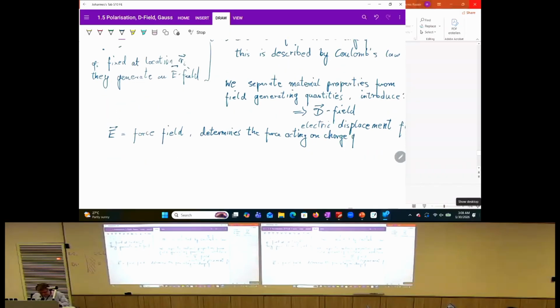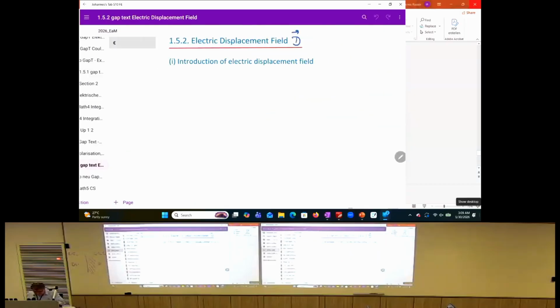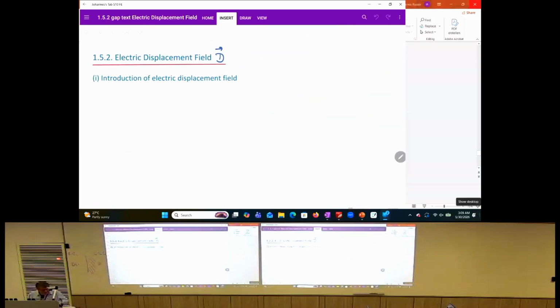And the D field is connected only to the charges which are generating the field. I will show you the impact of that. Okay, what is this electric displacement field? Our intention is to introduce a relation between the charges and the generated field, which depends only on the generating quantities, but not on the material properties.